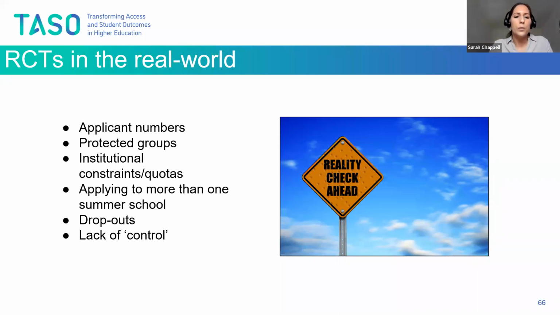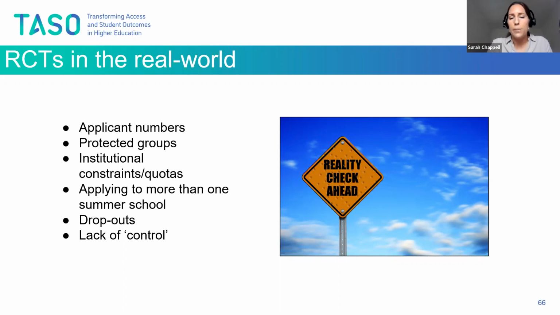There are also really particular nuances which happen. So for example, some universities have particular protected groups. For a lot of them, it might have been care leavers or care experienced students. They want to make sure that these students get a place. And because they tend to come in small numbers in terms of applicants, this was something that we could be quite flexible on.